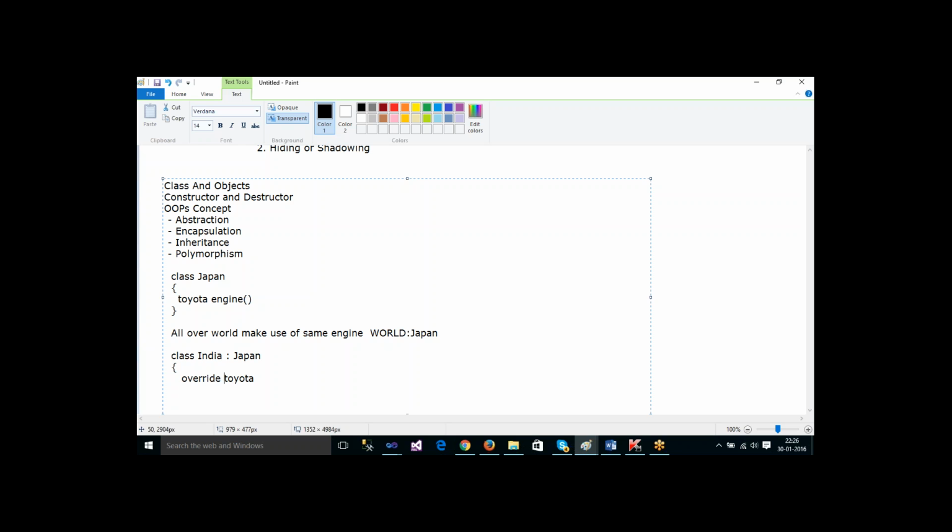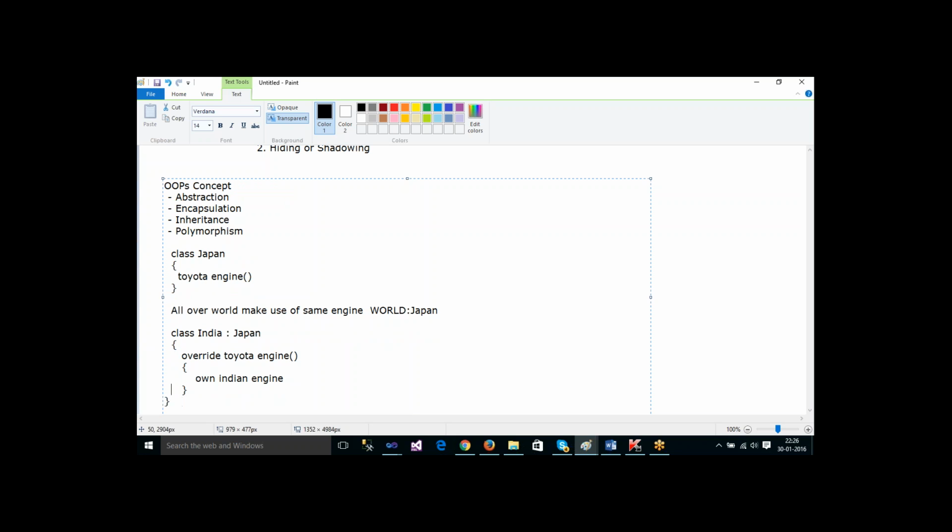You can say Indian Toyota, or otherwise the Toyota engine. Override means it has its own Indian engine. Is it clear? We'll remove some of the topics.